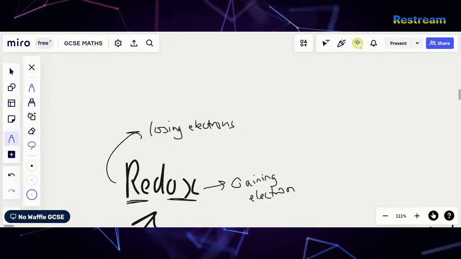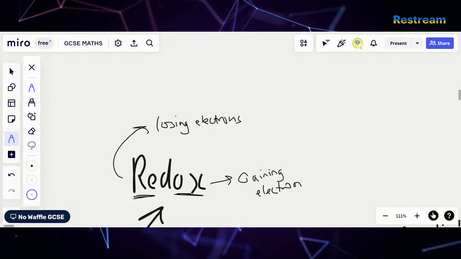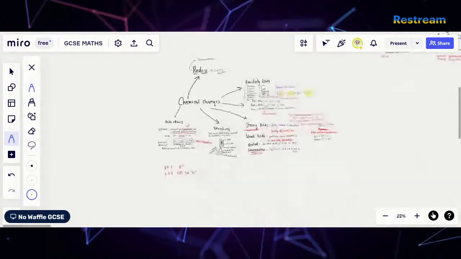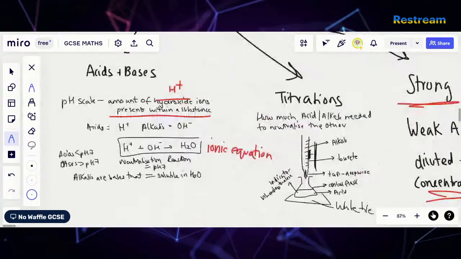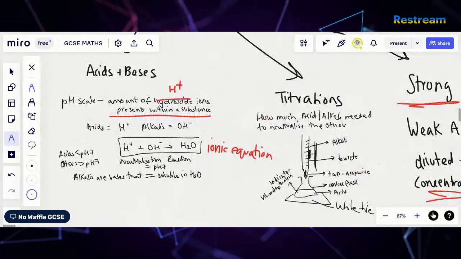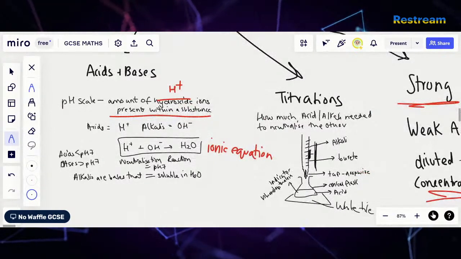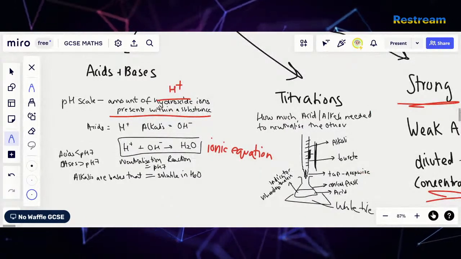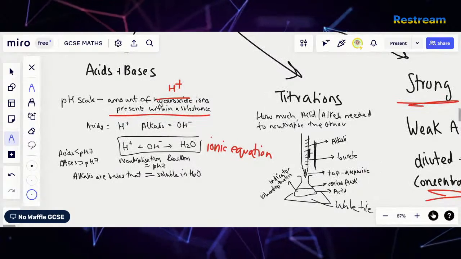Ionic equations just focus on the useful bits of the reaction. So ionic equations are things like when we looked at the ionic equation for acids and alkalis, it just shows and focuses on the most important bits. Now we're going to focus on electrolysis and electrolysis of aqueous solutions. So let's go on to electrolysis.